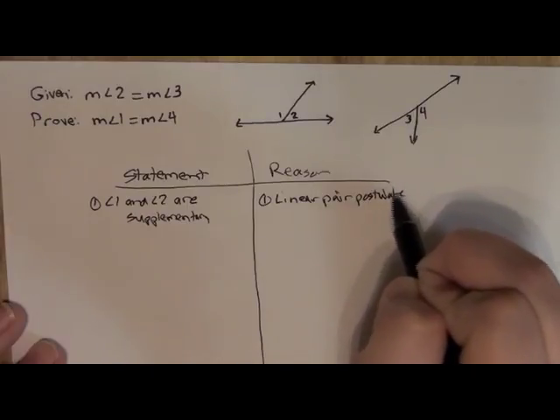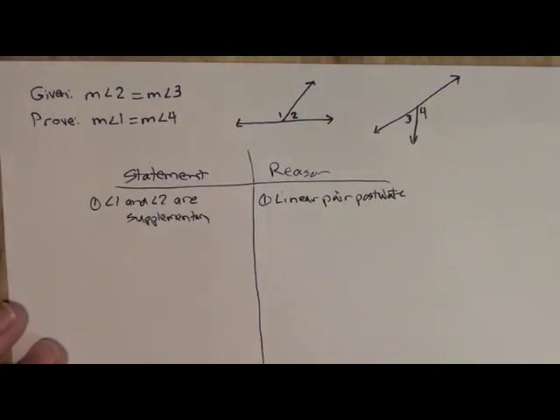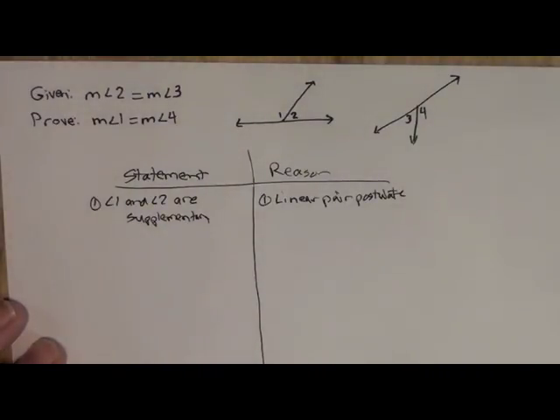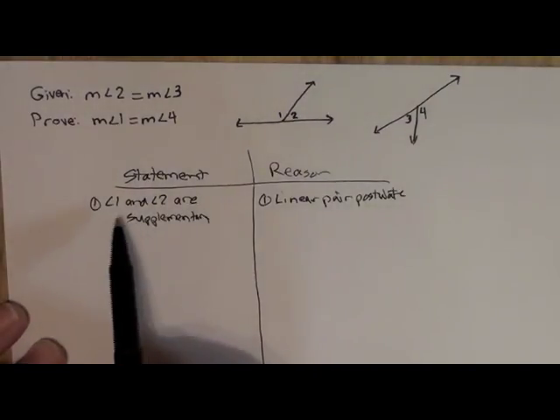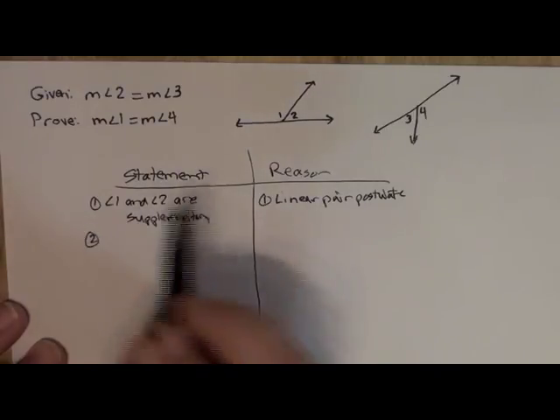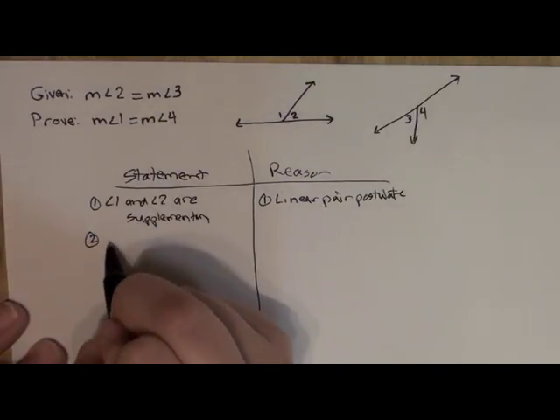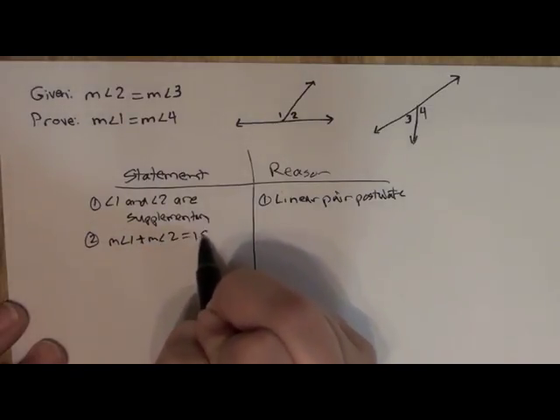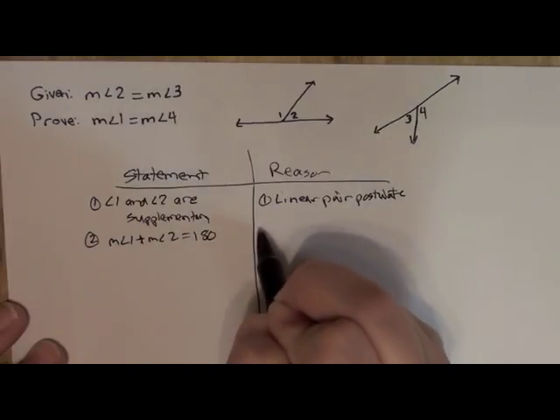The linear pair postulate says that if you have a linear pair, if you have 2 angles that together make a straight line, then they are supplementary. Okay, so what? They're supplementary. What does that mean? Well, that means that the measure of angle 1 plus the measure of angle 2 has to equal 180 degrees.